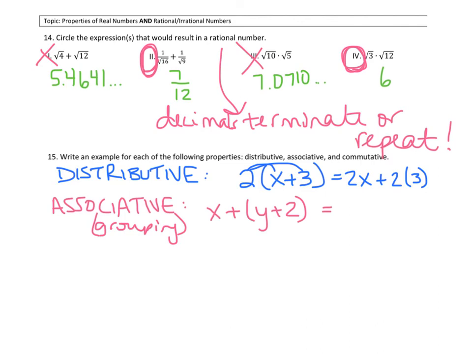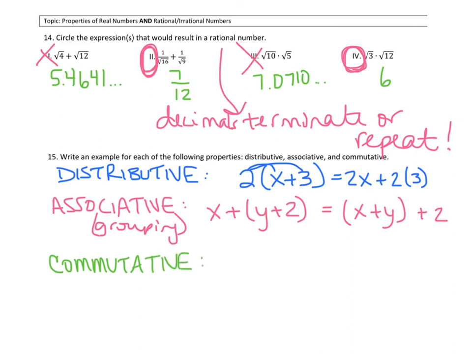If I change the grouping, but not the order, that's the associative property. So that'd be x plus y in parentheses plus 2. If you look at the order in which I read these terms from left to right, x y 2, x y 2, the order has not changed, just what's inside the parentheses. That's the associative property. Last one is commutative.